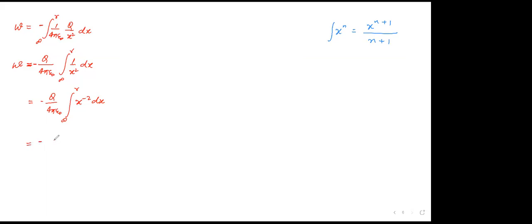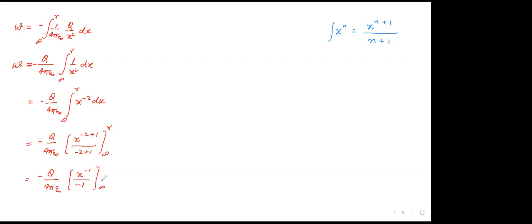Then minus of Q over 4 pi epsilon naught. After integrating x to the power minus 2, we get x to the power minus 2 plus 1 over minus 2 plus 1, from infinity to r. Again, we get Q over 4 pi epsilon naught, x to the power minus 1 over minus 1.